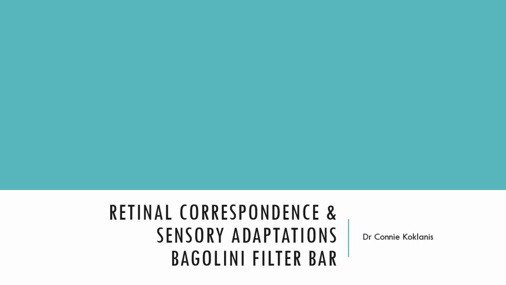So you need to measure the density so that you have some confidence that you will not disrupt the adaptation, and you can monitor any changes to that sensory adaptation.